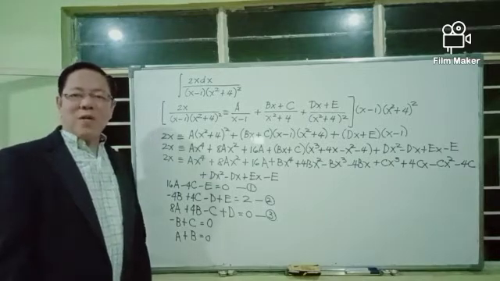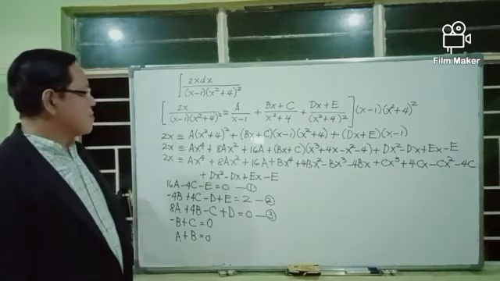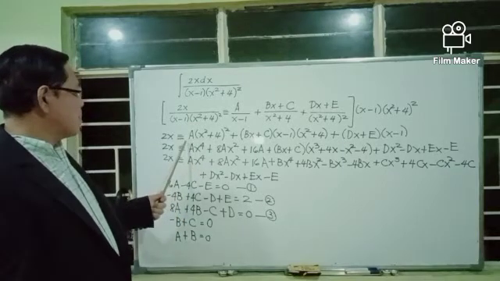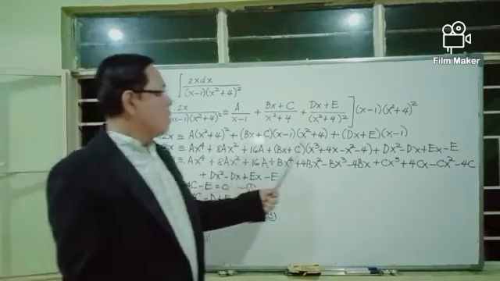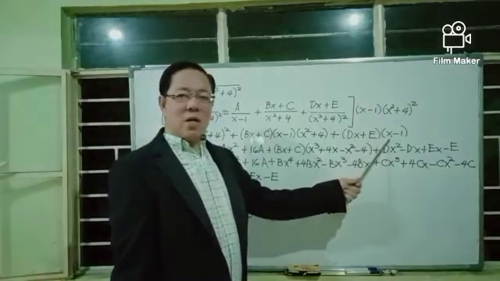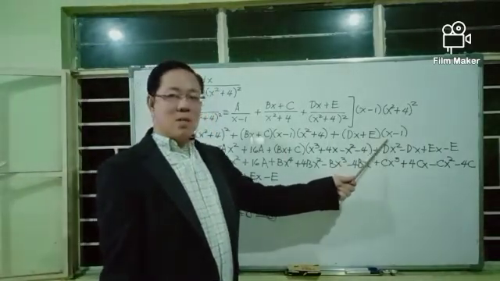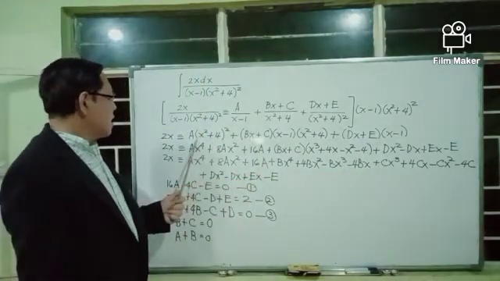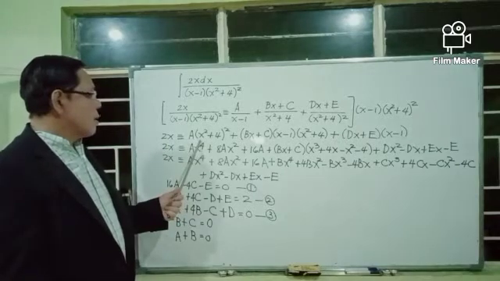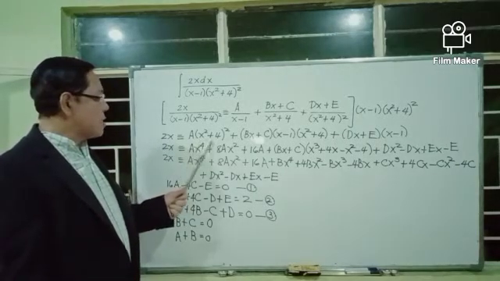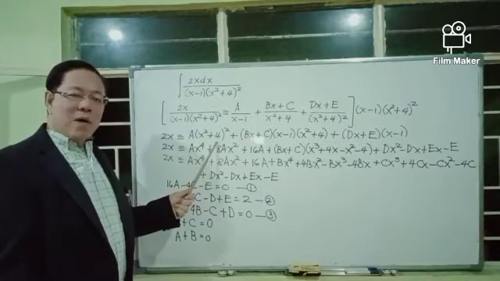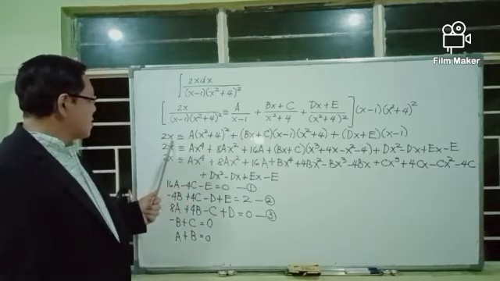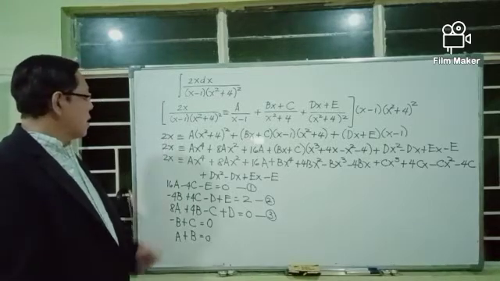Now we have to solve for the constants a, b, c, d, e. But we can get one of the constants from this expression by letting x equals 1. If x equals 1, this would be 0, this would be 0, and this would be 1 squared is 1 plus 4 is 5. 5 squared is 25. And when x is 1, this is 2.